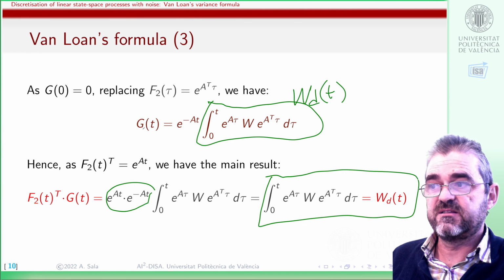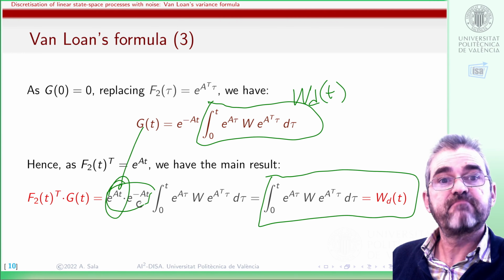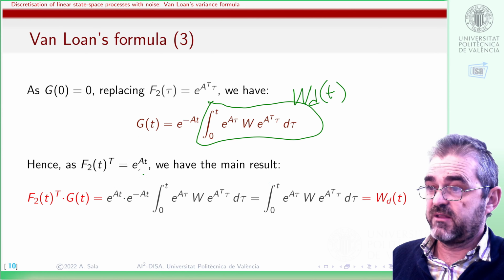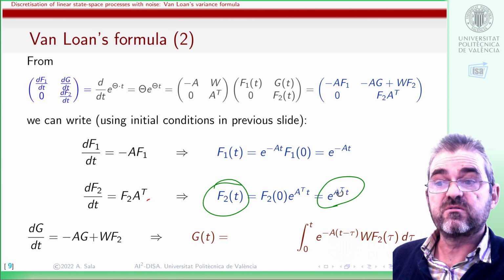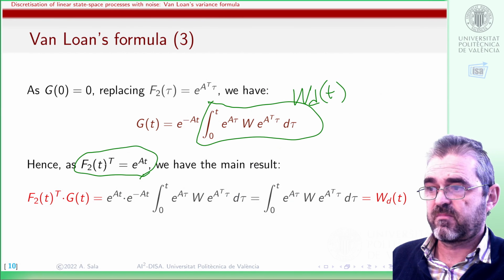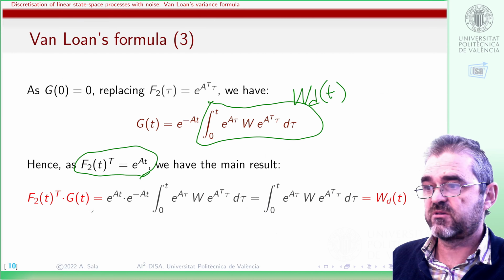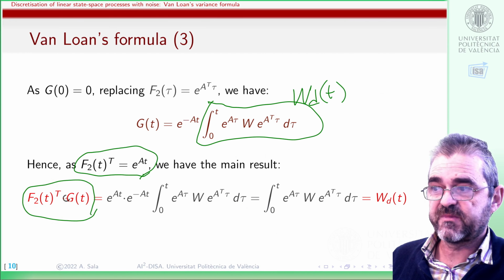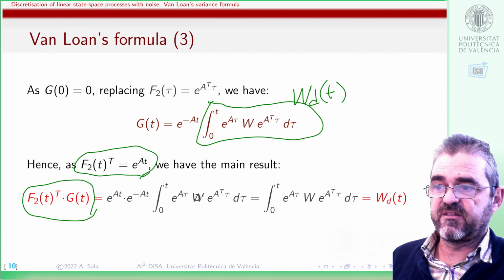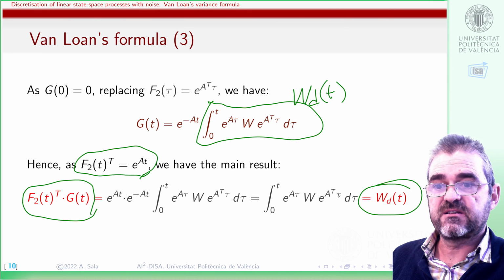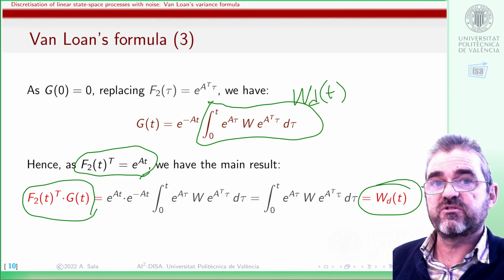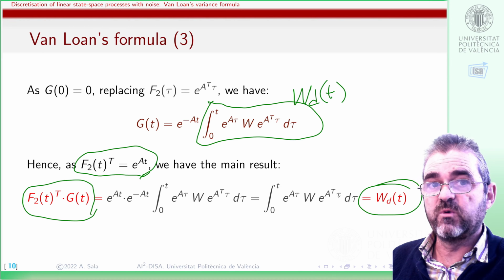So if I multiply g by this exponential, I'm done, finished. And the exponential of positive a is just the transposed of f2. f2 transposed is what I need. So if I multiply f2 transposed by g, then everything works correctly, and I obtain the discretization of the accumulation of white noise that I was looking for. So that's the main result of this video. This is the so-called Van Loan's formula.